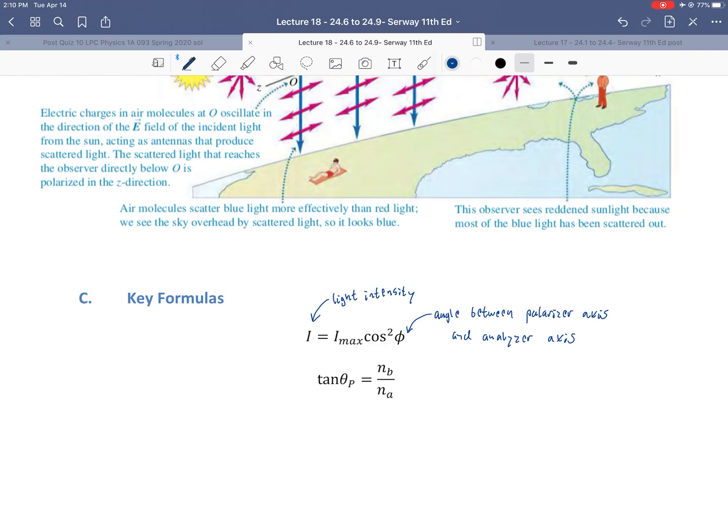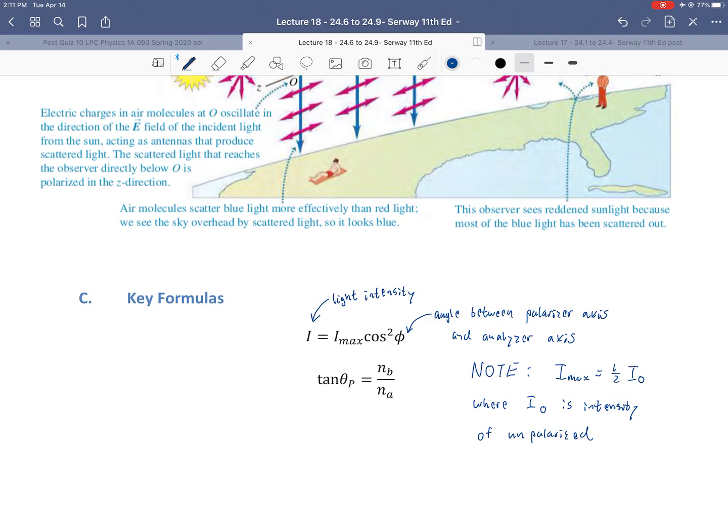But we also have to remember that the first polarizer removes 1/2 the intensity. So note that I max equals 1/2 I naught, where I naught is the intensity of the unpolarized light.